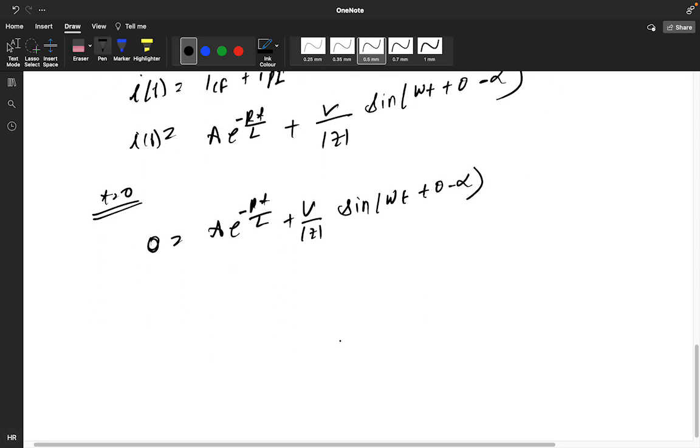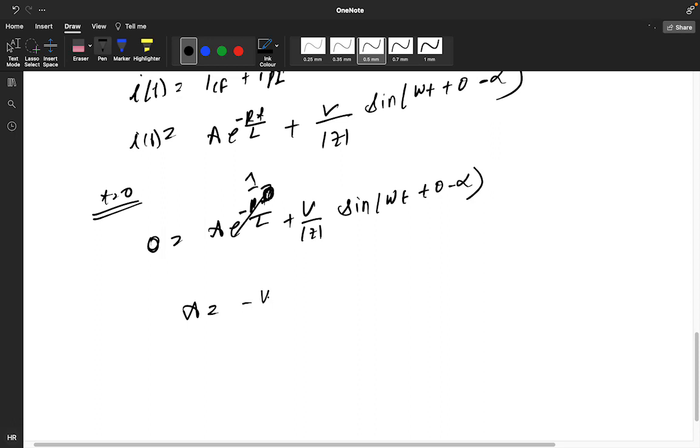Okay, so you can find the value of A easily from here. Putting t equals 0, the exponential becomes 1.